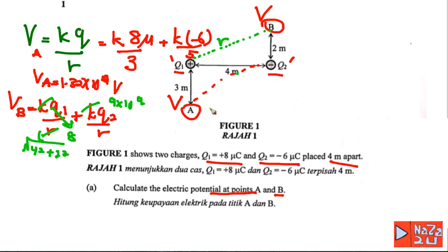And from Q2 to point B the distance is 2 meter, and the Q2 is -6. So if you use the calculator, VB is equal to -1.09 exponent 4 volt. So this is number A.